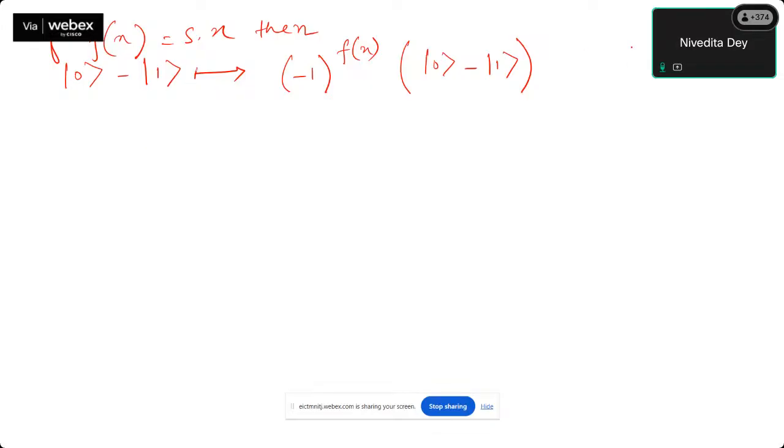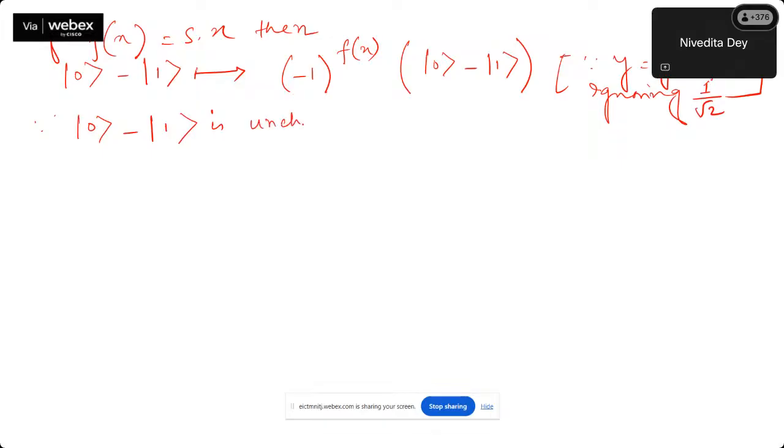Of course we can write it since y is equal to y XOR f(x), and of course we are ignoring 1 by root 2. Let me cover the full part. Also, since this is unchanged, we can ignore it.